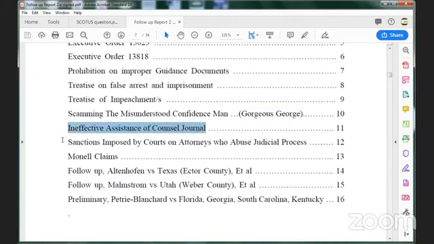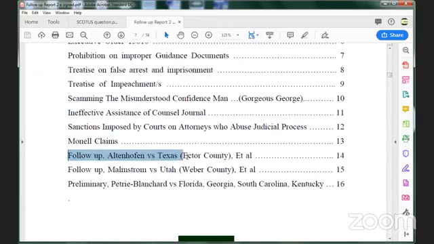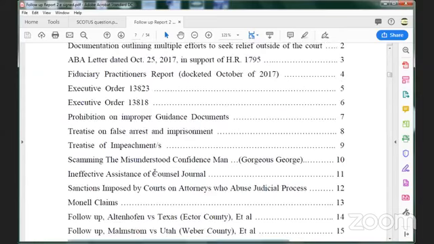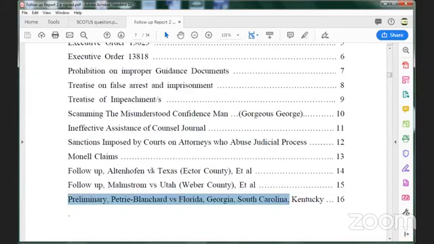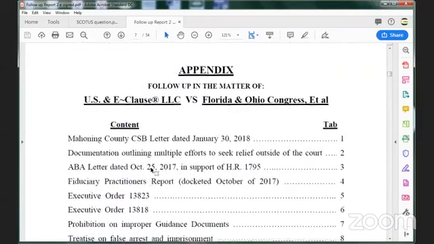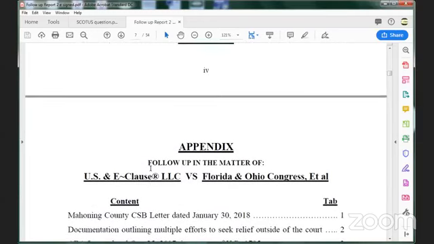Ineffective assistance of counsel, sanctions imposed on courts by attorneys who abuse the judicial process, Monell claims, and then, of course, the follow-up in the Altenhofen case, the follow-up in the Malmstrom case, and the preliminary report on the Petrie Blanchard case.